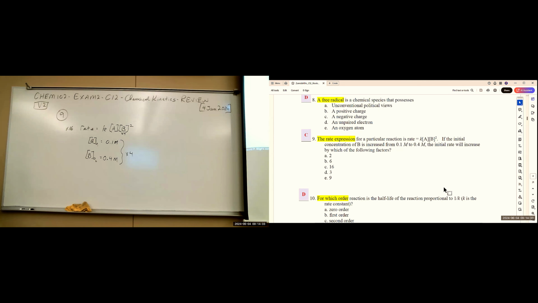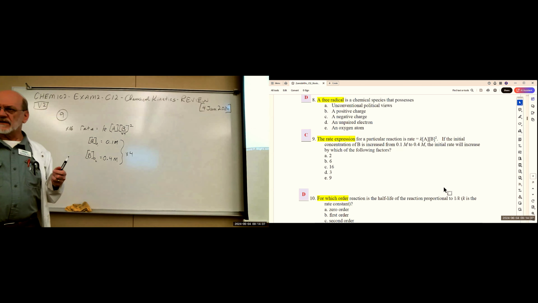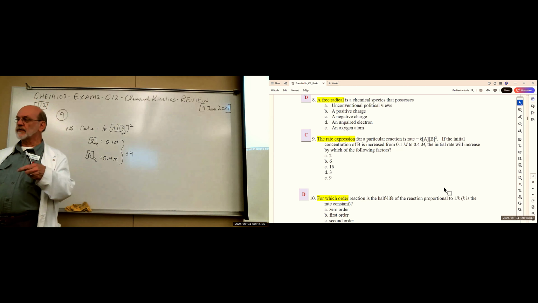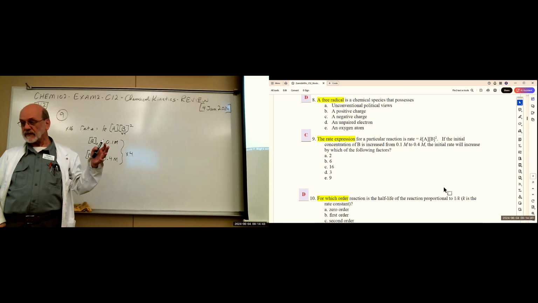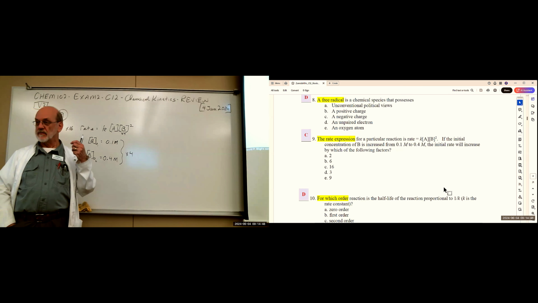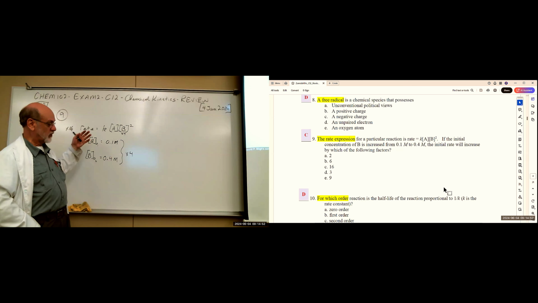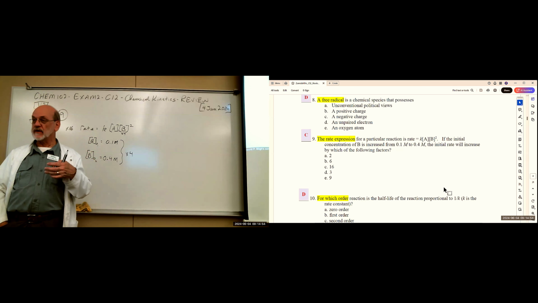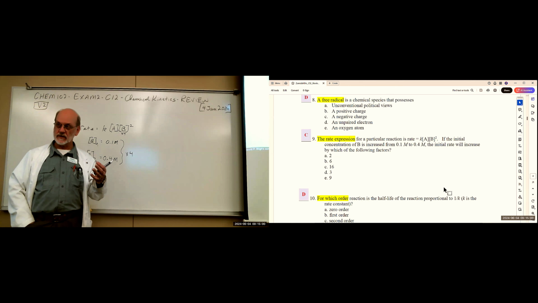We sort of alluded to that during the lecture when we looked at the effect of zero order, first order, and second order on exactly the same reaction. We just changed the order and saw that the remaining reactant after a certain period of time was a whole lot less for second order than it was for first order than it was for zero order.